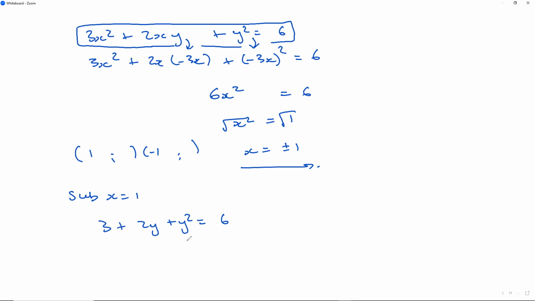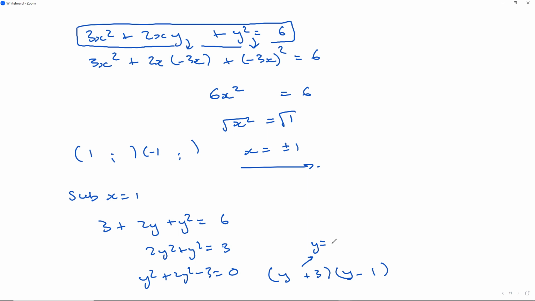And if I calculate this component over here, substituting that in there, that's going to become 2y plus y squared equals 3, or y squared plus 2y minus 3 equals 0. And I can then factorize that: y plus 3, y minus 1. And so y equals negative 3, or y equals 1.